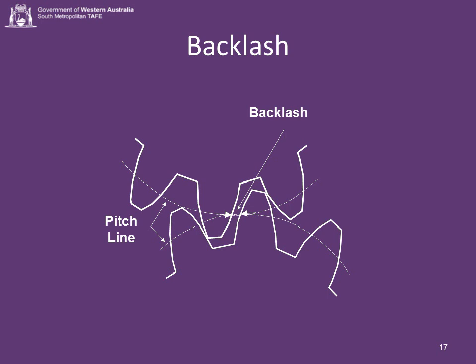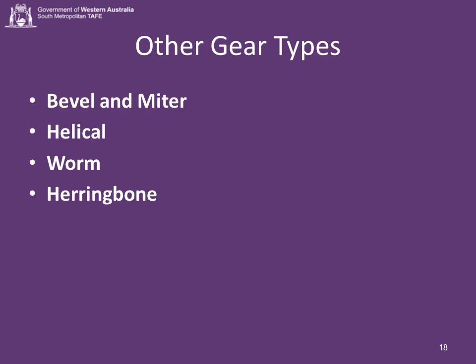On non-reversing drives or drives with continuous load in one direction, the increase in backlash that results from tooth wear does not adversely affect operation. However, on reversing drives and drives where timing is critical, excessive backlash is usually not tolerated.